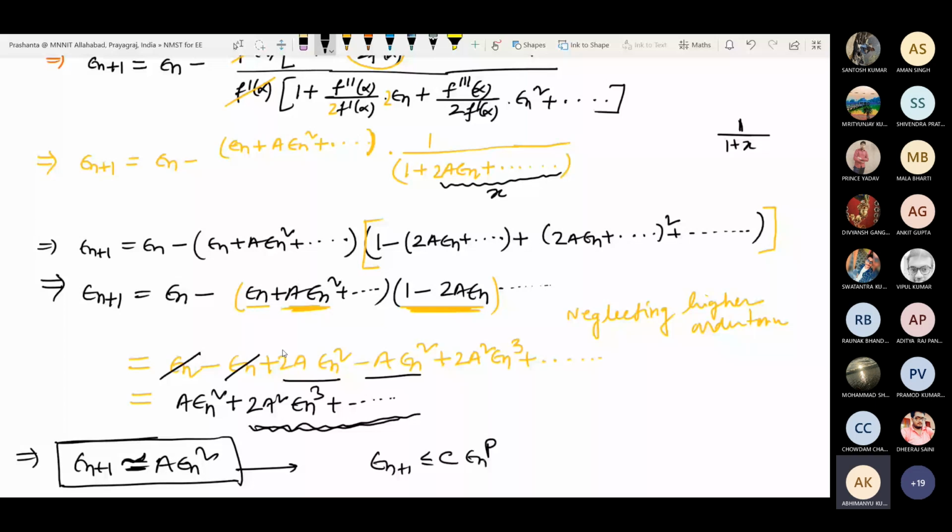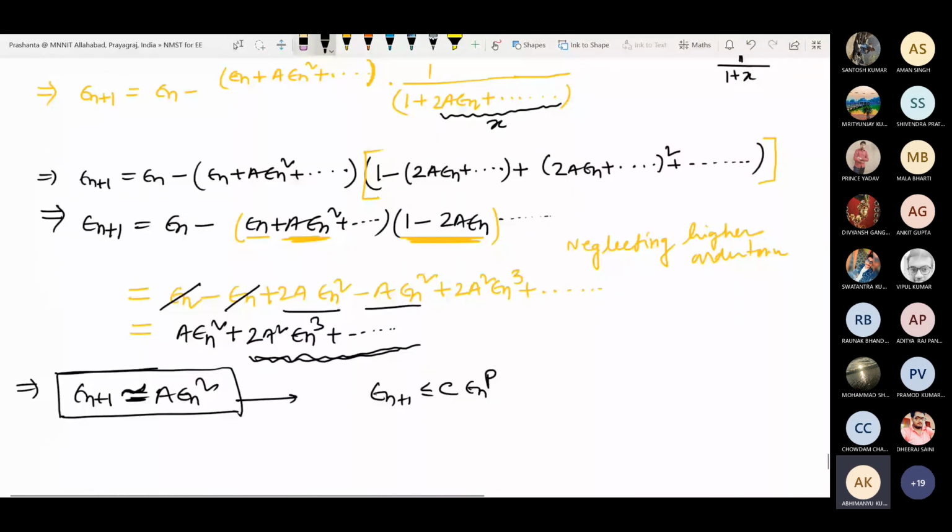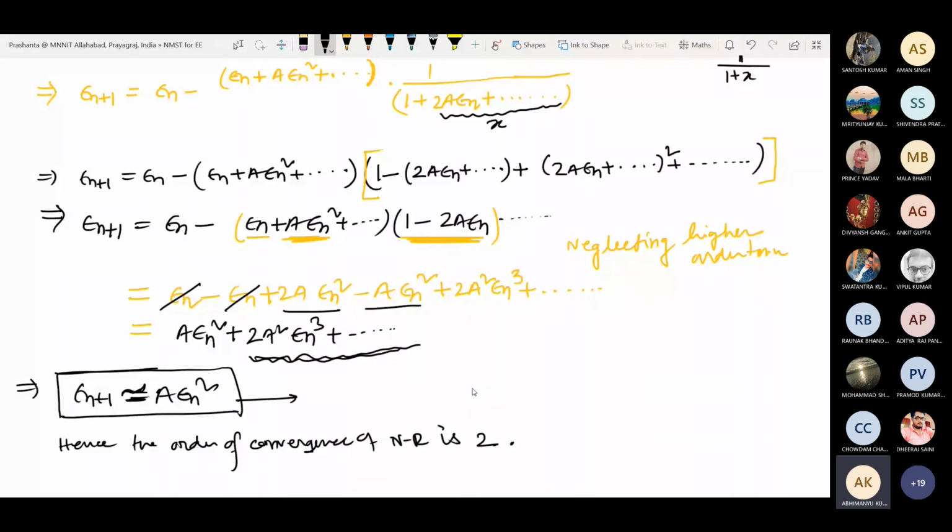So that is why the Newton-Raphson method has order of convergence 2. Hence, the order of convergence of the NR method is 2.